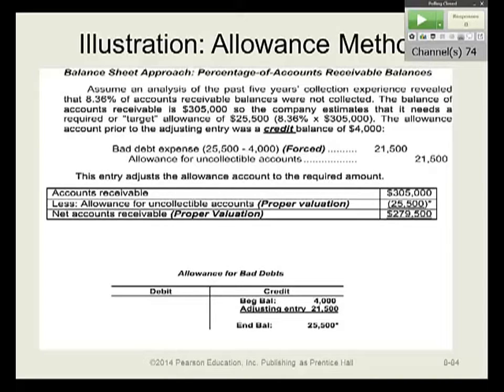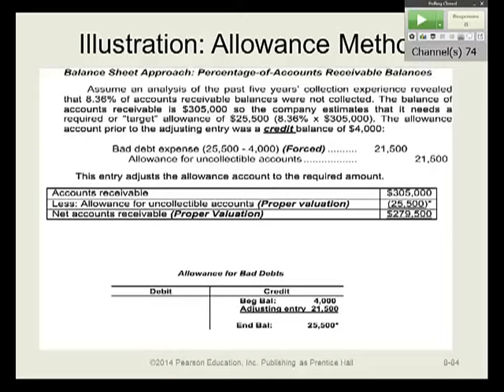And if you look at the receivable balance, it's 305, and now the ending balance of the allowance for bad debts is 25.5, of course, as that's what we needed, and the net realizable value is at 279.5. Now remember, again, that the allowance cannot be separated from the accounts receivable on the balance sheet. They are a single entity on the balance sheet. They're two separate accounts, but they're a single entity.